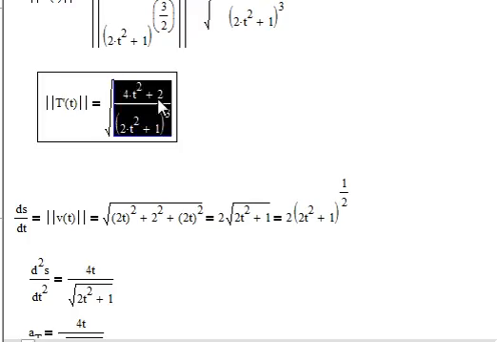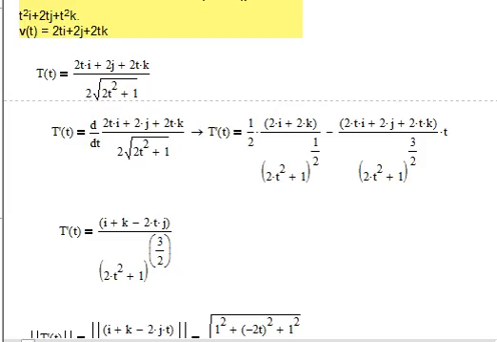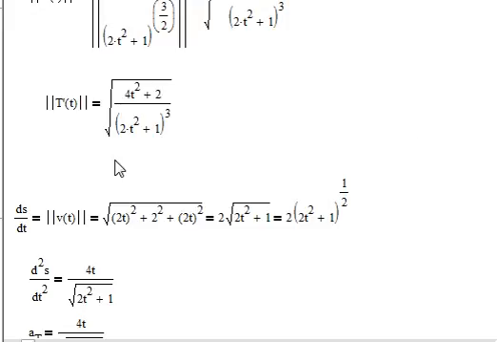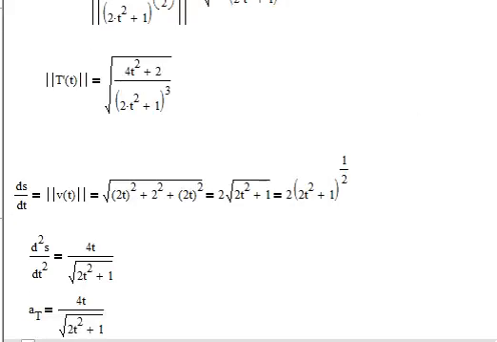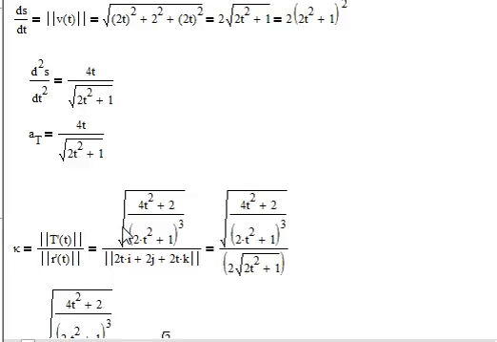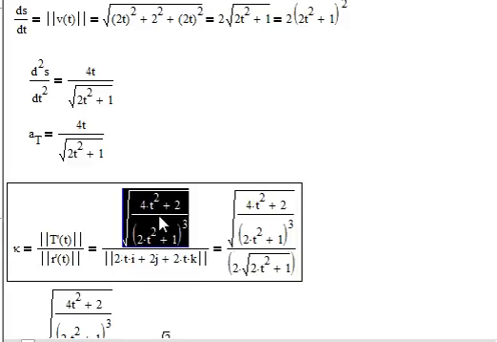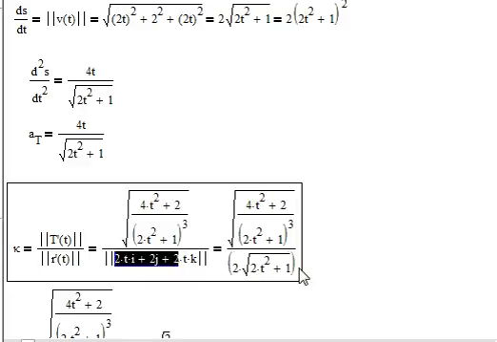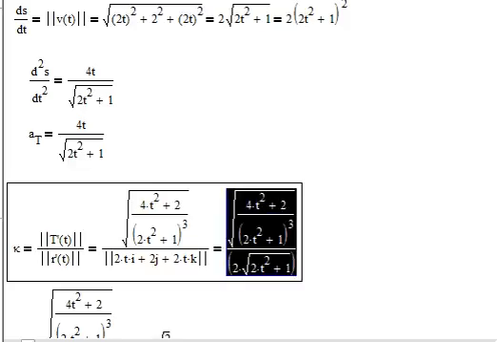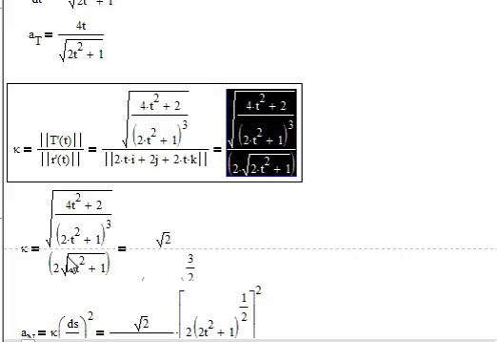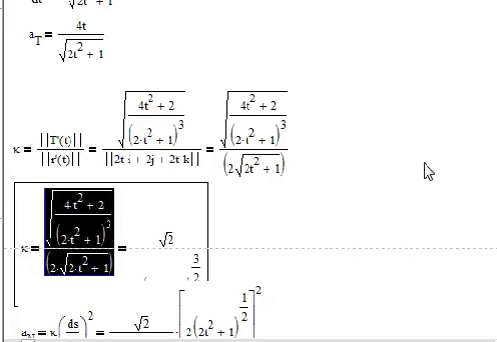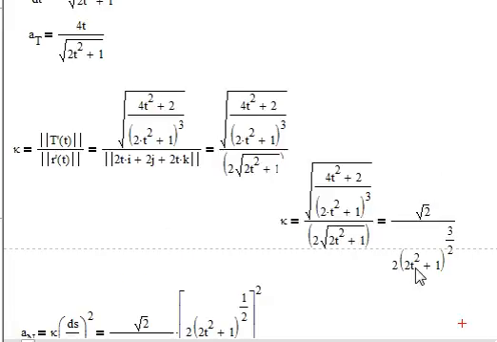Here's the length of T prime of t, and the length of r prime of t, we already have that. There it is, divided by the length of this vector, which we already worked out once. So this big expression simplifies into this smaller expression, square root of 2 over 2 times 2t squared plus 1 to the 3/2.